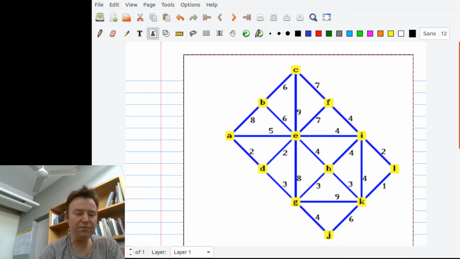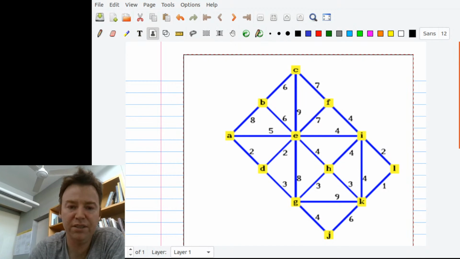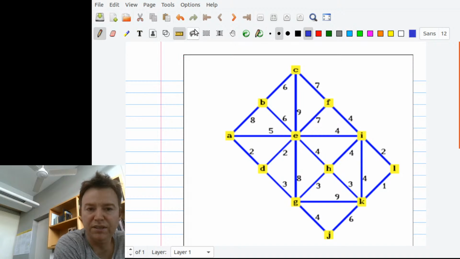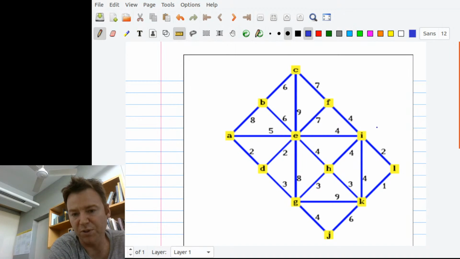I'm going to go through and select all the edges starting from the smallest weight, provided they don't make a loop. So there's a 1. I'm going to select that.